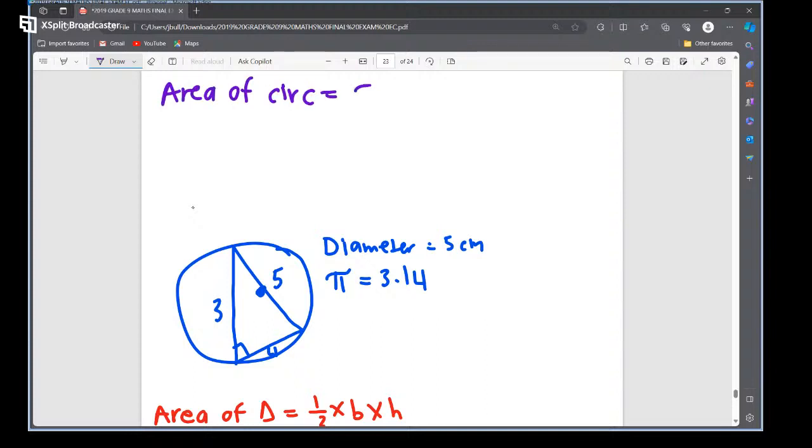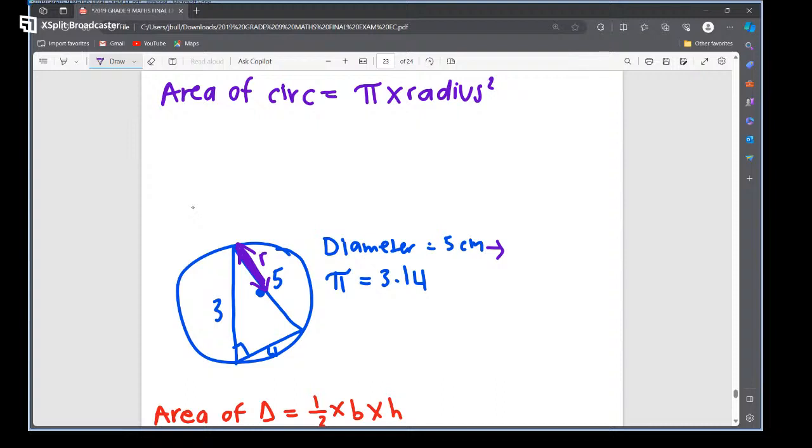Area of a circle is always pi times your radius squared. Okay, so they told us the diameter is 5. The radius is always half of the diameter. So we've got the diameter here all the way across the circle, so the radius would just be half of that. Okay, that would be your radius.